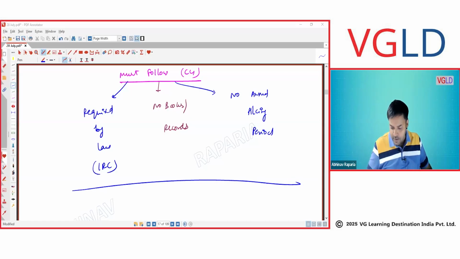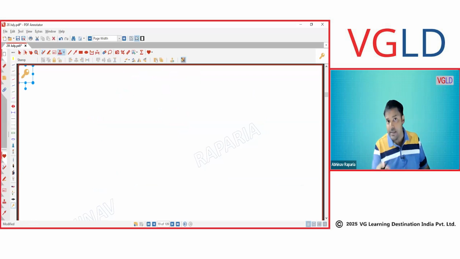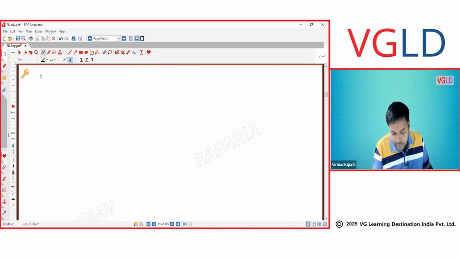Already discussed with you guys. The first time, whatever method you are adopting, you don't need the IRS approval. But whenever you're changing the method, you need the IRS approval. For taking approval, you need to file Form 1128, guys. I'm writing it.